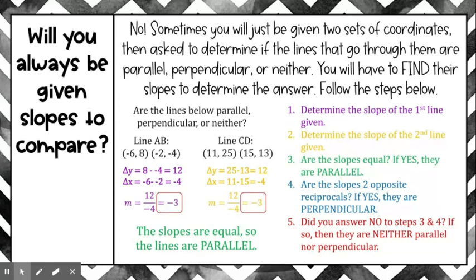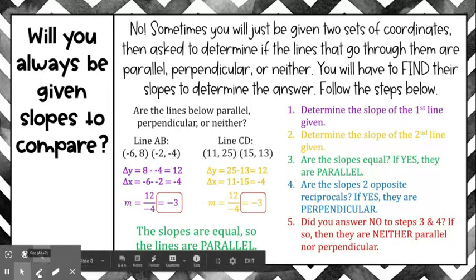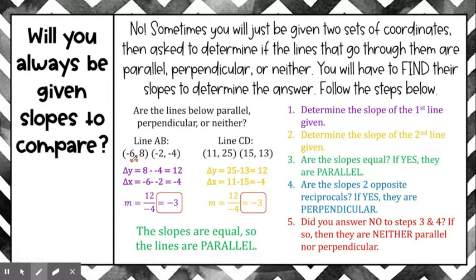Pardon me. So just like we did previously, we need to start our step-by-step. So we need to mark our X's and our Y's for our lines here. Okay, so I've marked our X's and our Y's.